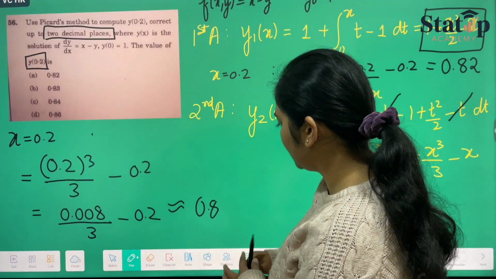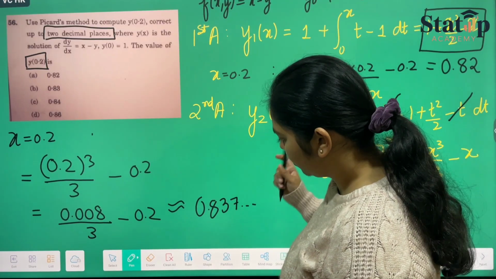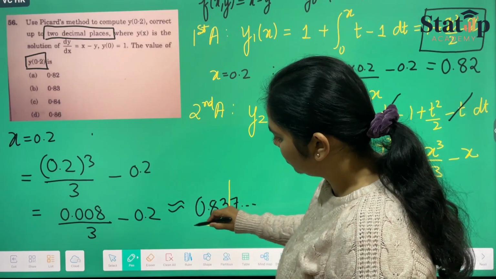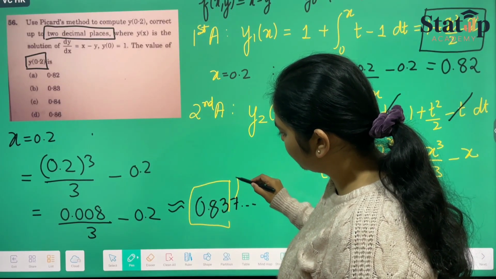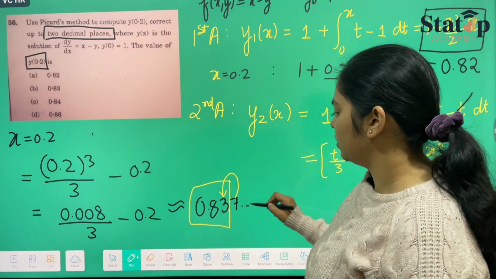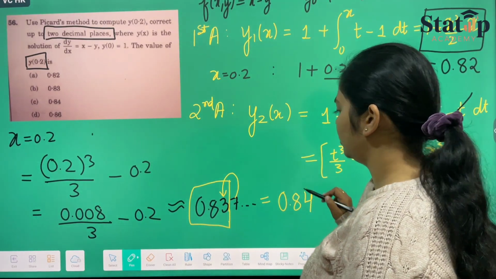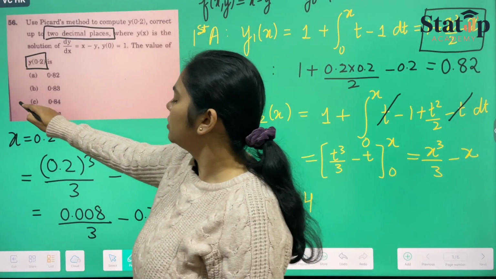Here if we take approximation up to 2 digits, then the third digit is greater than 5 and this will increase by 1. So our value should be 0.84, which is our option number C.